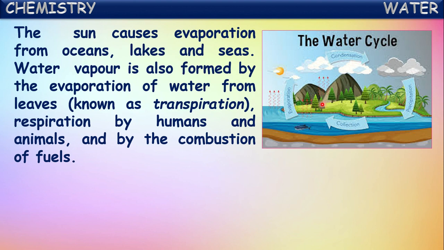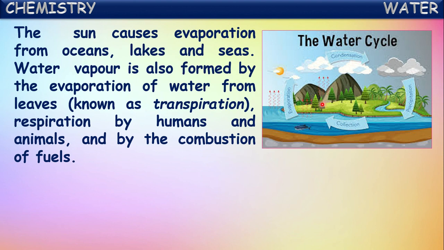We know plants lose excess water through their leaves. That process of losing water from the leaves is called transpiration. From that also water vapor enters the atmosphere, and even by the respiration of animals and human beings water vapor enters the atmosphere.